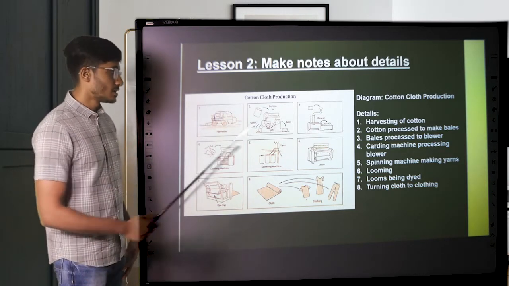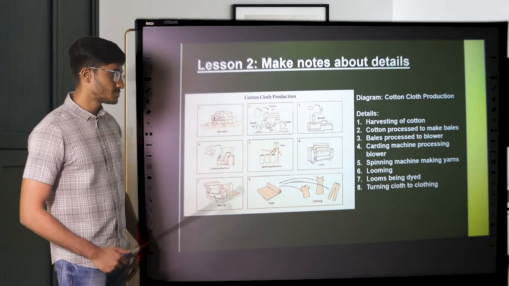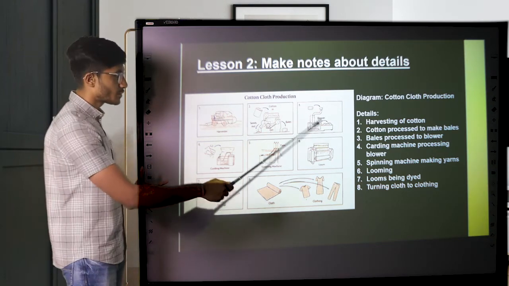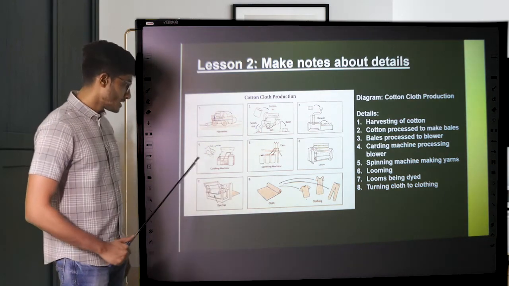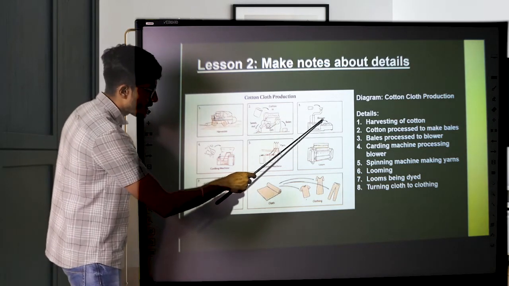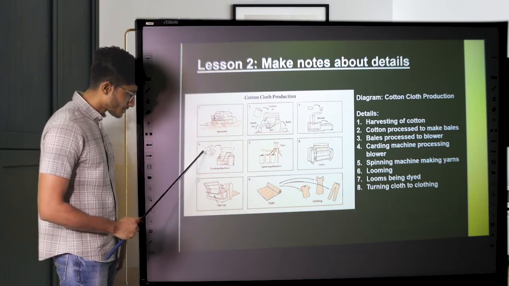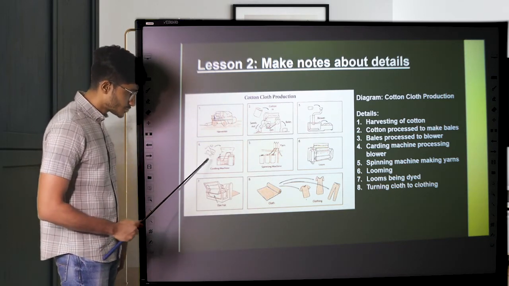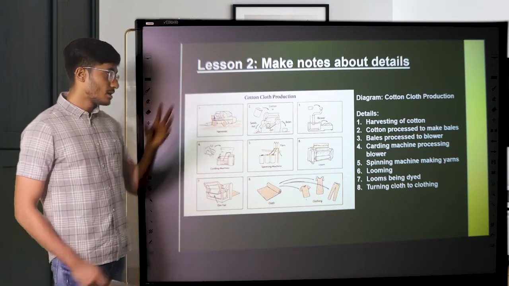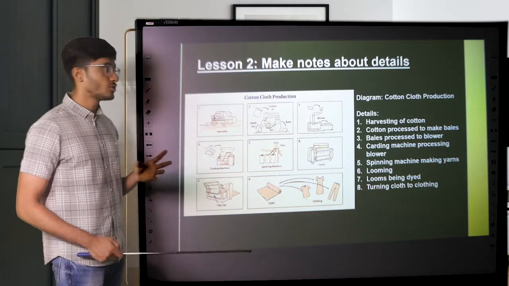And then that is sent to the carding machine, which processes the blower. If you look at the picture here, you can see how the blower looks, and then the blower is shown entering a machine. So we know that's how each of the steps is interrelated.